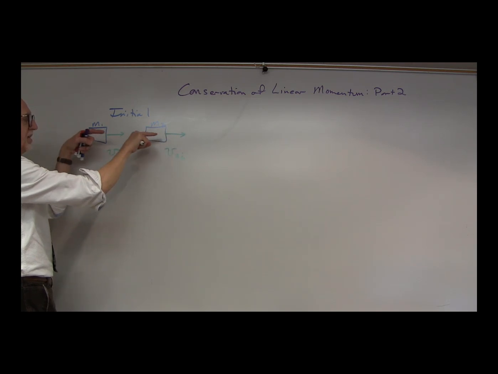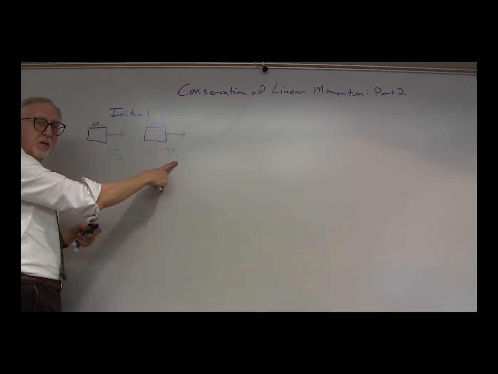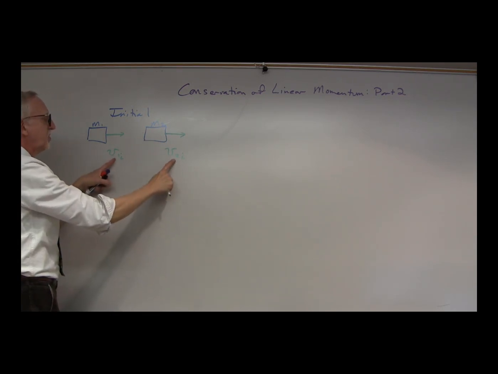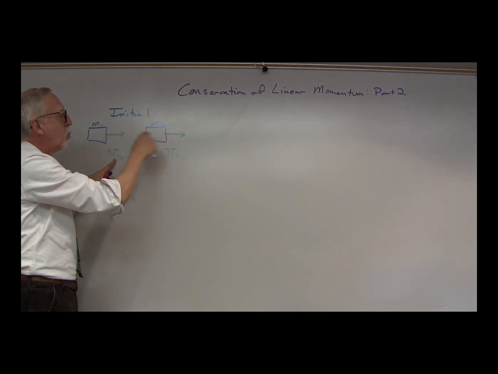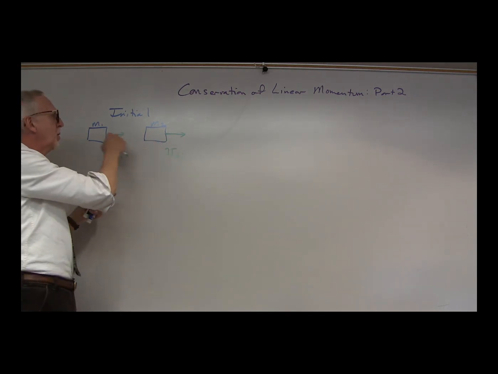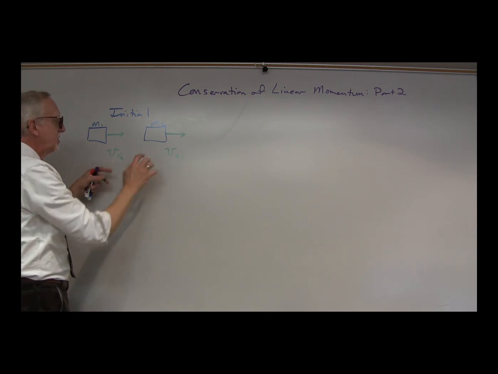Again, we're going to say that both of these are positive, but if, say, m2 was going this way, then v2 initial would be a negative number. These are the components of the velocities in the one dimension that we're considering. We'll assume a one-dimensional collision for the moment. So here's our initial situation.